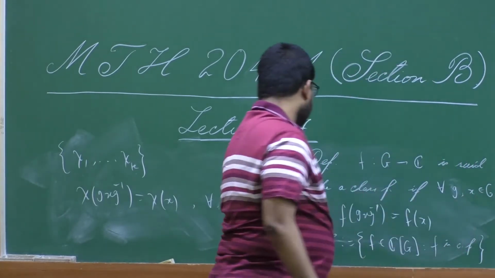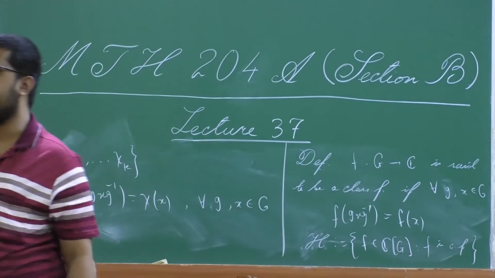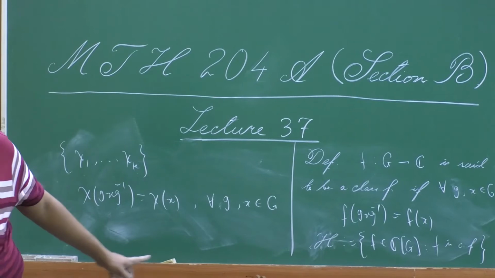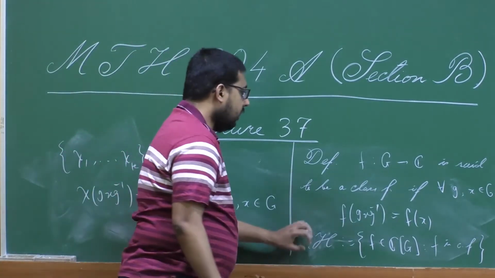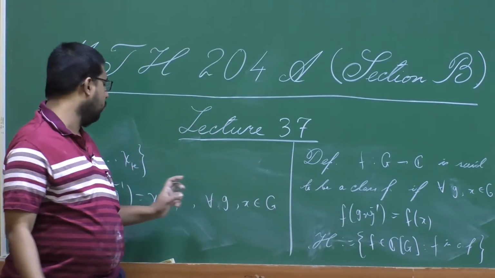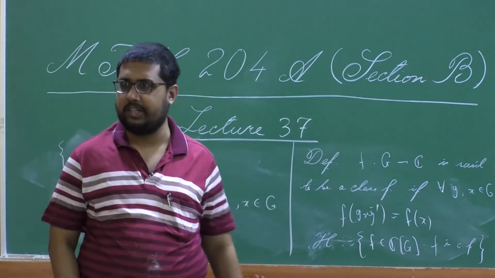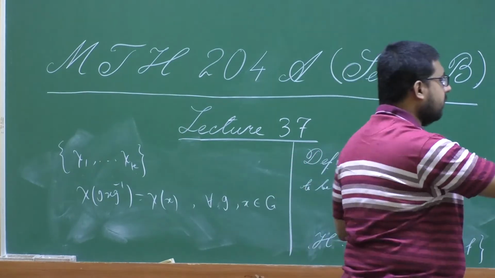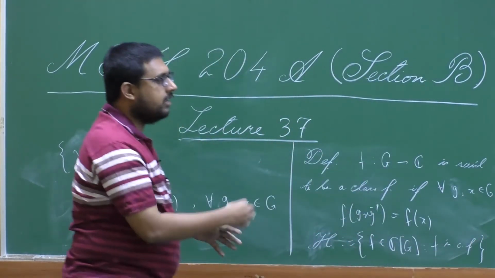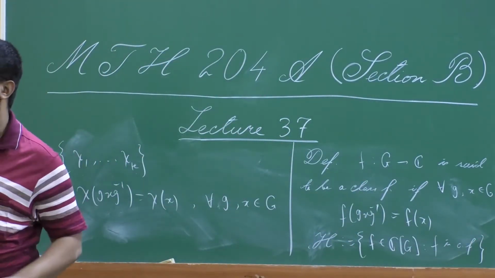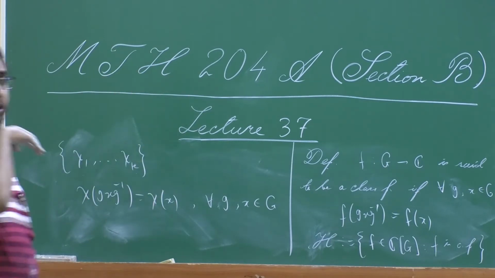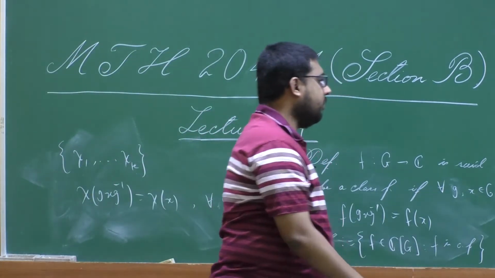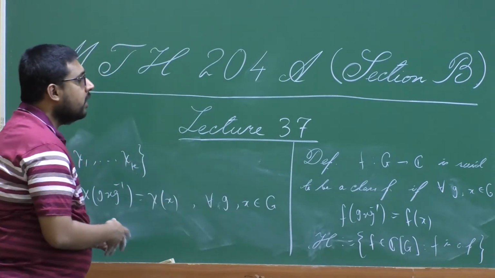For saying this is temporary, later on we will see that this H is nothing but the center of the group ring CG, if time permits. But what I just said, that it is going to be the center, is not so important in what we aim to do in this course.